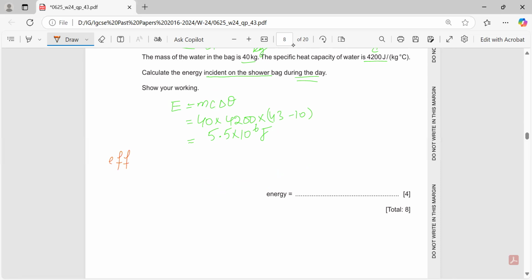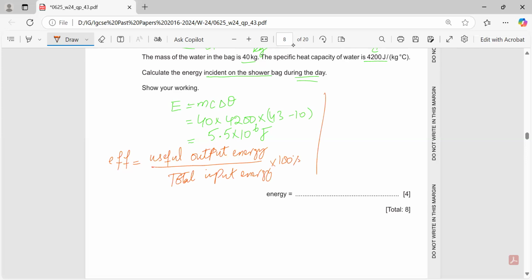Efficiency is equal to useful output energy over total input energy times 100%.